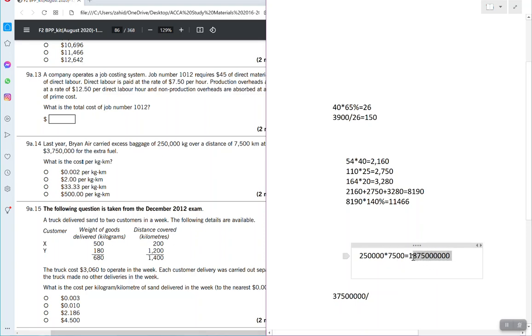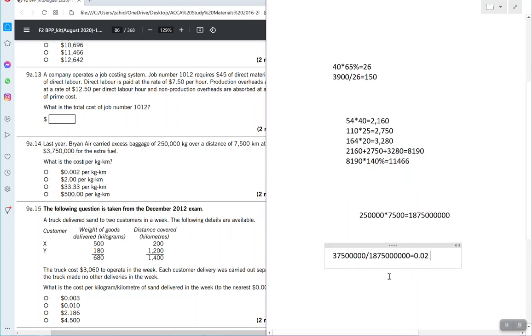It will give us the cost per kilogram per kilometer, which is 0.002, which is A.